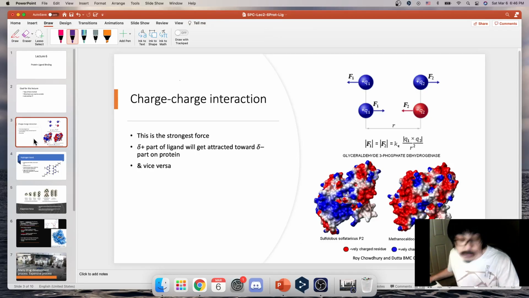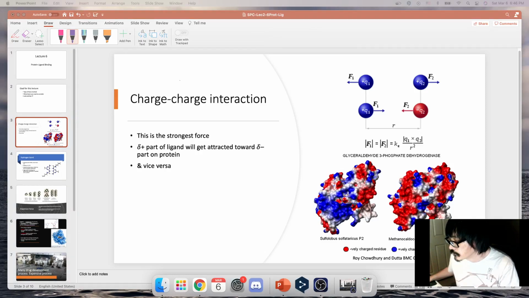So before I actually talk about the computer modeling, we should probably talk about what type of force should be considered in the protein ligand interactions. The most important part is the charge-charge interactions. So this is probably the strongest force.